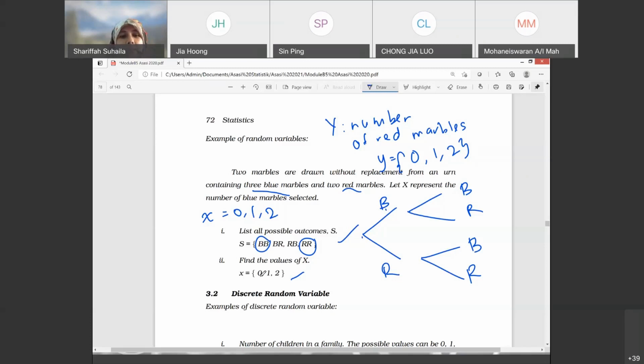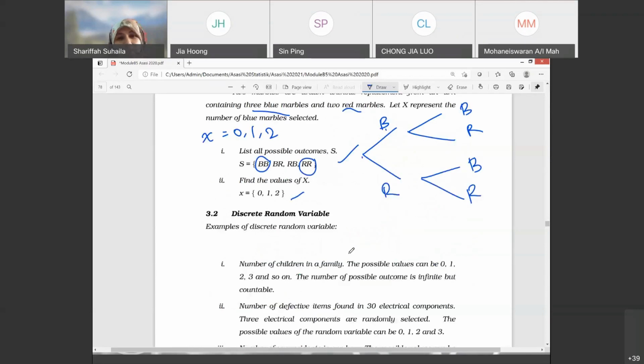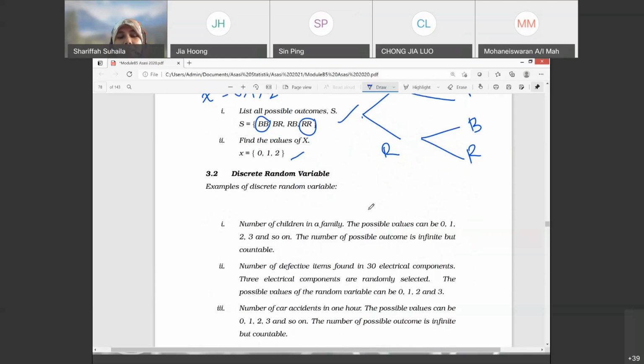You already learned about discrete and also continuous random variables. The first part is on discrete random variable. When we mention discrete random variable, it is countable, measurable, and you have a whole number.